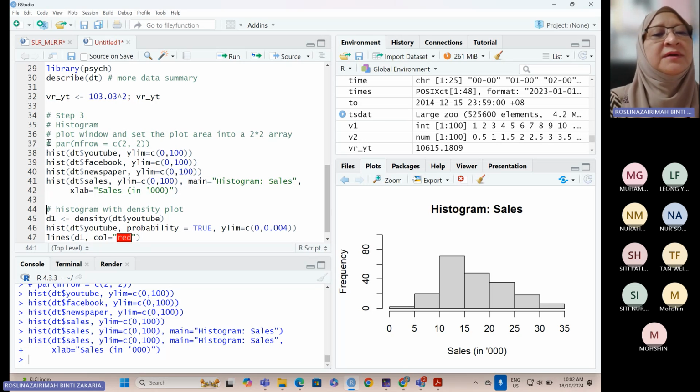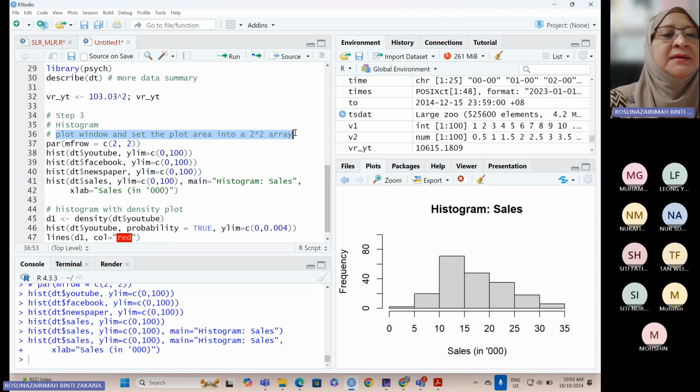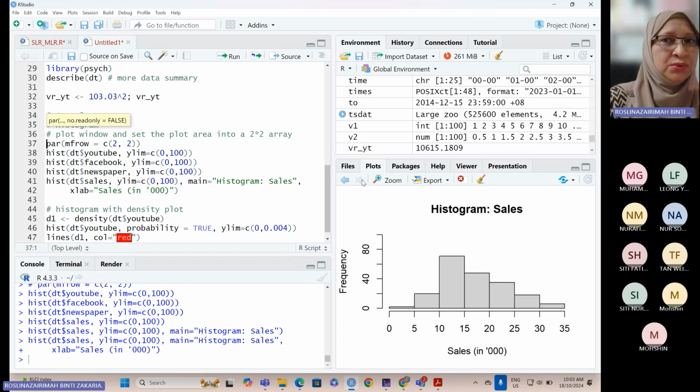Okay, now I have another function here that is called par. This one we can combine, where it is easy to compare the graphs. You can clean your screen. Of course, in your case, your output is below your code, not like mine.